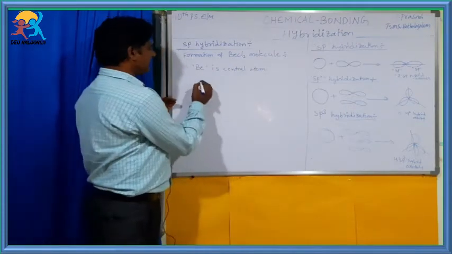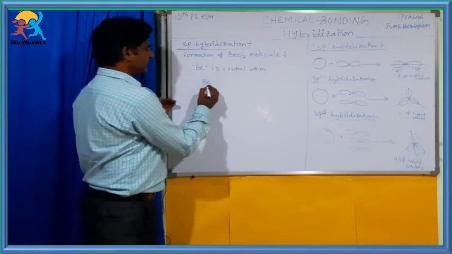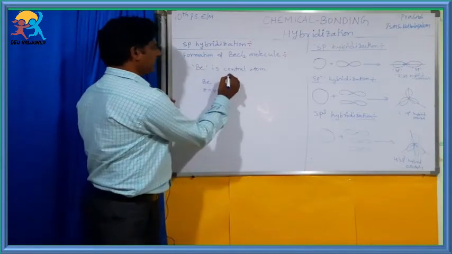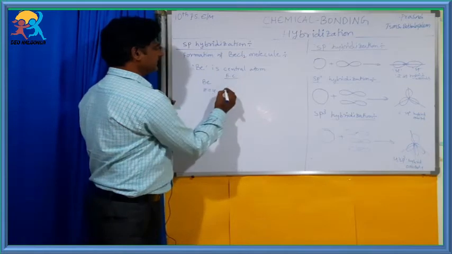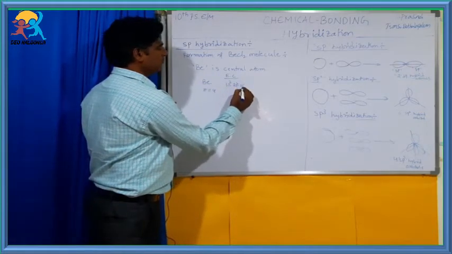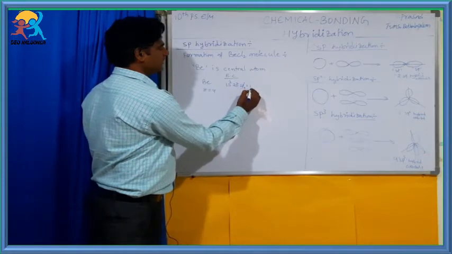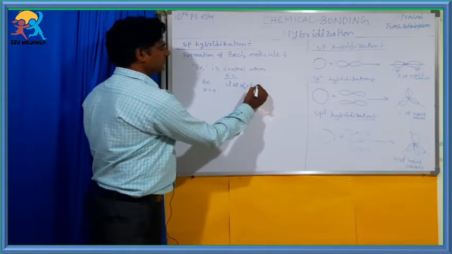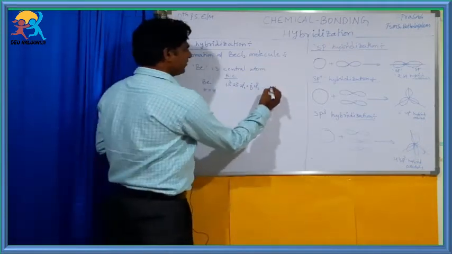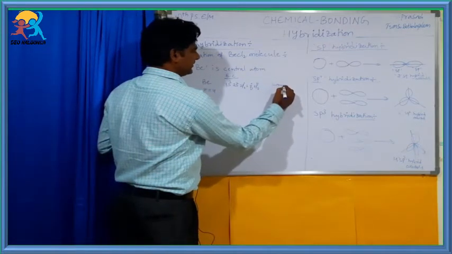What is the atomic number of beryllium? Beryllium's atomic number is 4. Its electronic configuration is 1s2, 2s2, 2px0, 2py0, 2pz0. It is called the ground state electronic configuration.